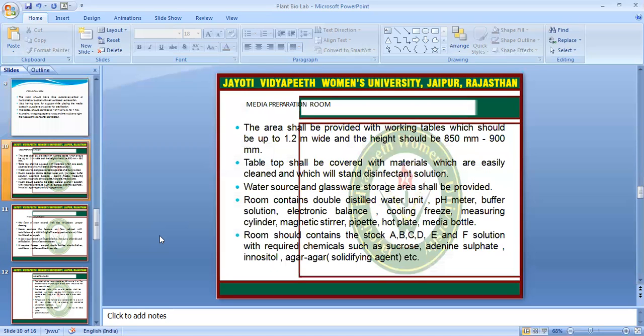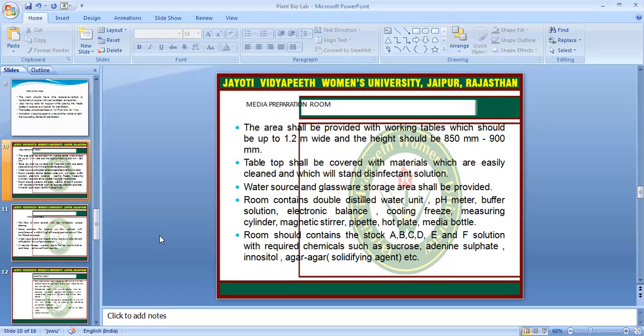And in the media preparation room, the area shall be provided with working tables which should be up to 1.2 meters wide and 850 millimeters to 900 millimeters in height. The tabletop shall be covered with material which is easily cleaned and will stand disinfectant solution.